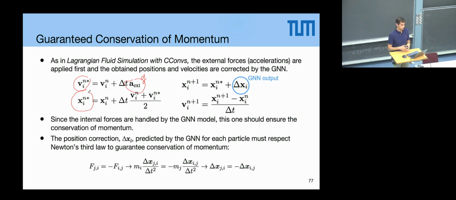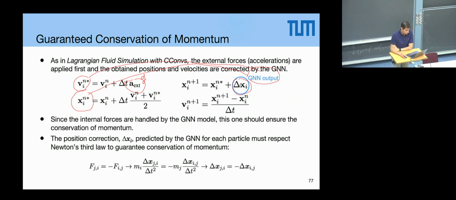It's some prediction that is ignoring the interaction between the particles. And then given this velocity and this location as inputs to our GNN, not the absolute locations, but the relative locations for evaluating message passing, we get the correction. We get how to correct the location of the nodes.